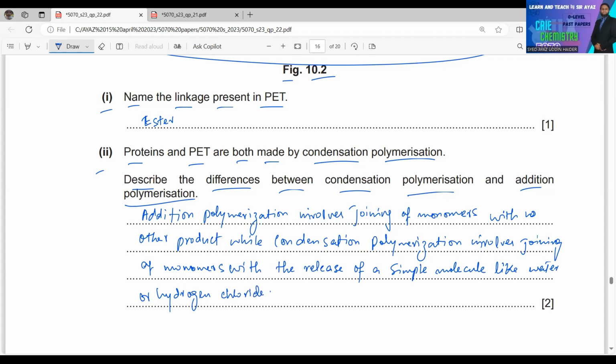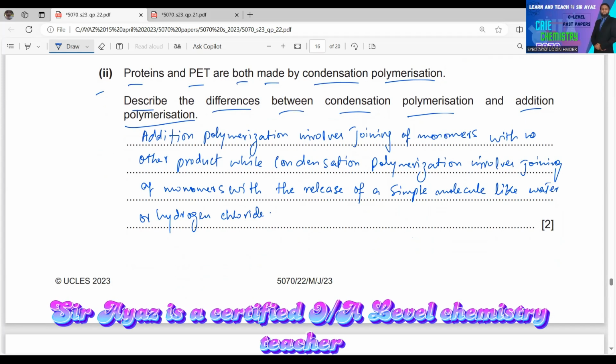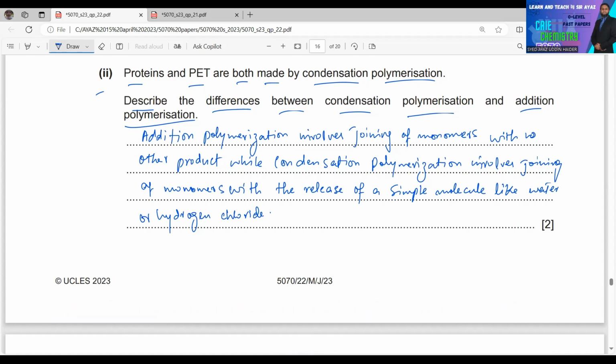Now you can write other differences also, like in case of addition polymerization, there is the same empirical formula of the polymer as the monomer, but in case of condensation polymerization, you don't have the same empirical formula as the monomers. So for addition polymerization, we have same empirical formula of polymer as of monomer.